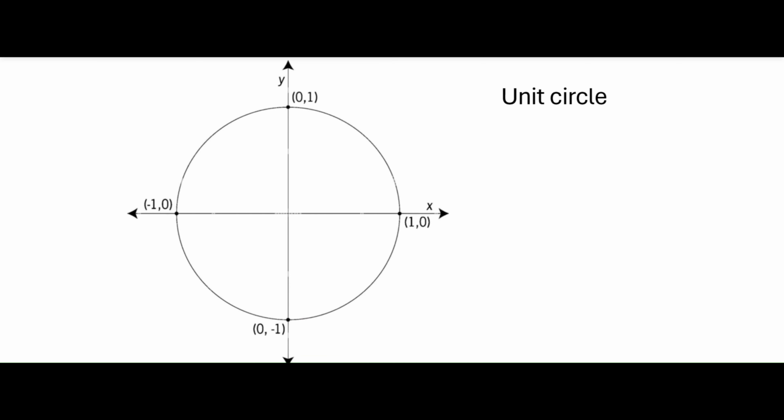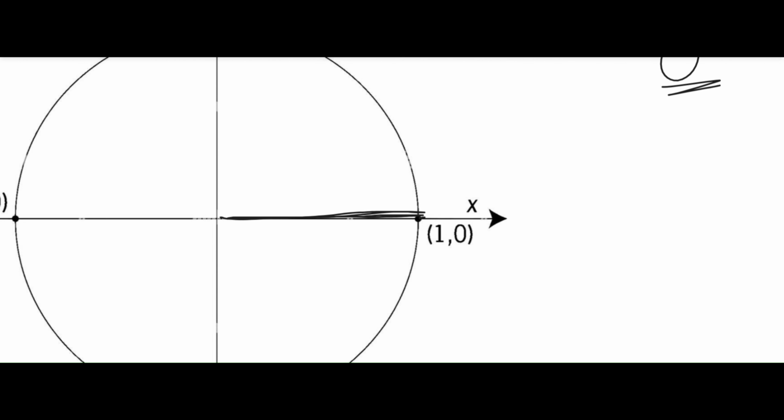Alright, let us now start with 0 degrees first. 0 degrees means we are here, so it's basically this value here. When we are at 0 degrees, we remember that cosine is the value on the x-axis, while sine is the value on the y-axis.